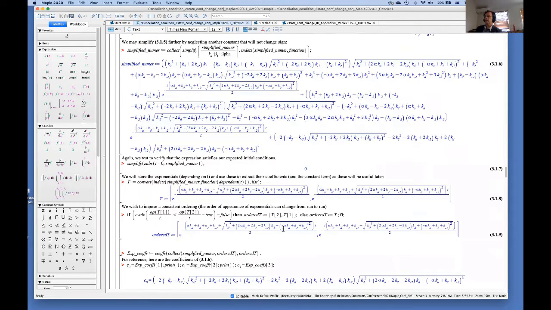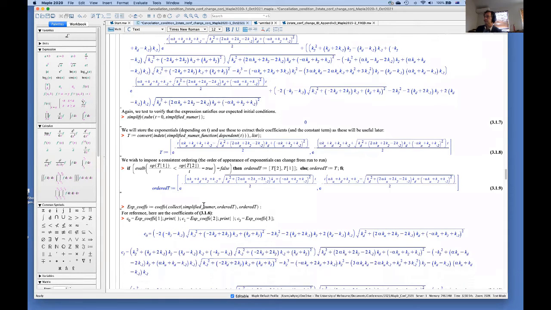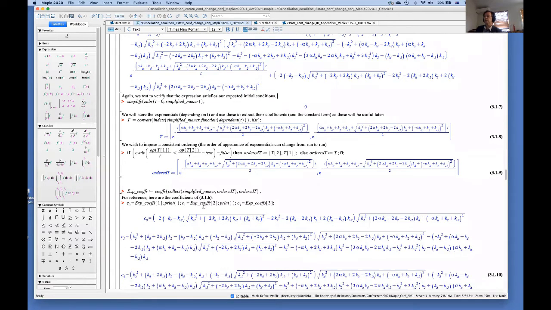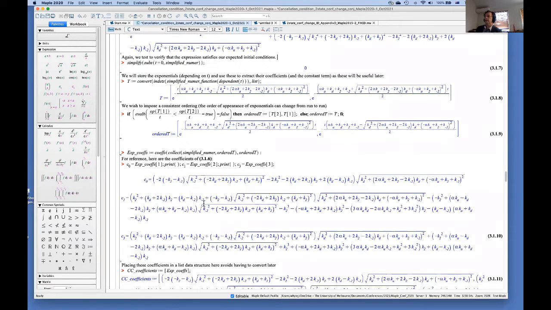If anyone has any tips on how to go about doing this systematically, like ordering exponentials by the size of their exponents, that'd be nice. I did it for these two, but it might be nice to know if there was a more general way of doing it. And we extract these coefficients from that simplified numerator, and we'll return to those later.